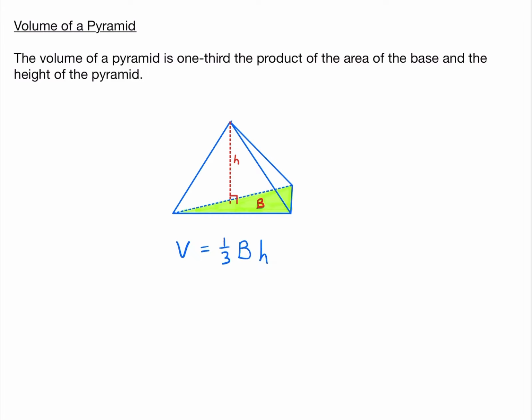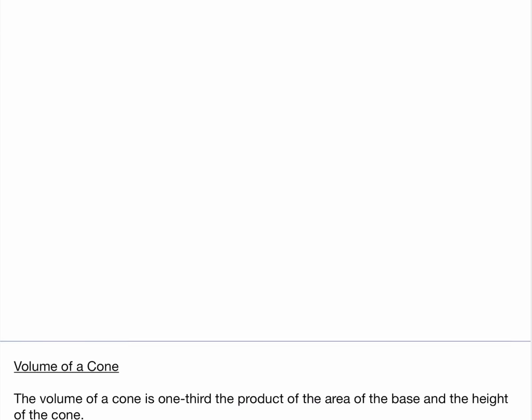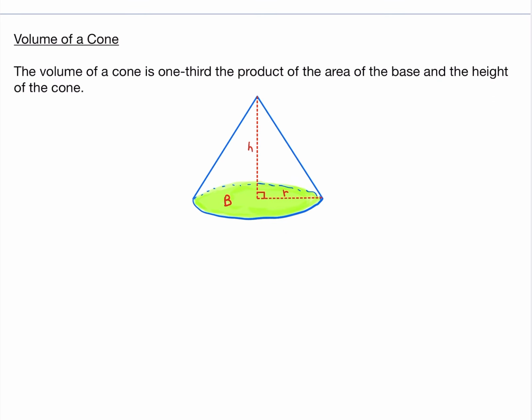And then to find the volume of a cone, the formula is the same: 1/3 times the area of the base times the height.